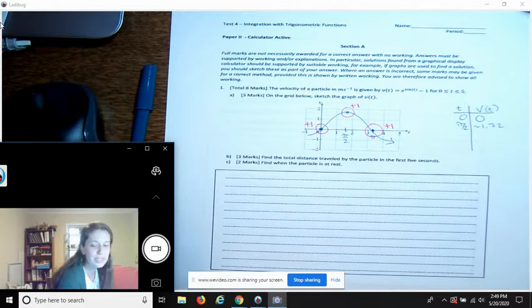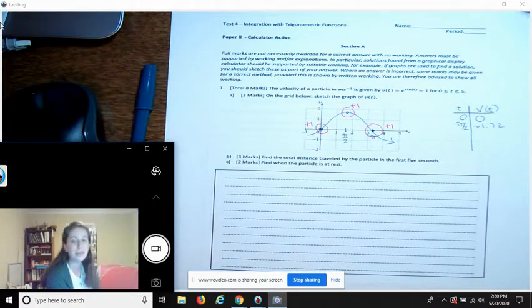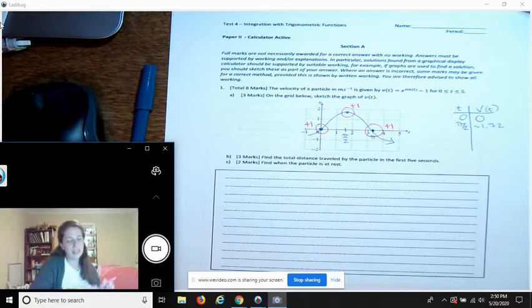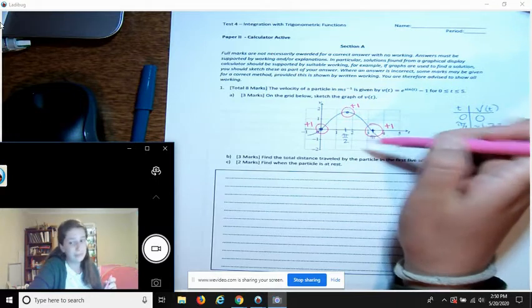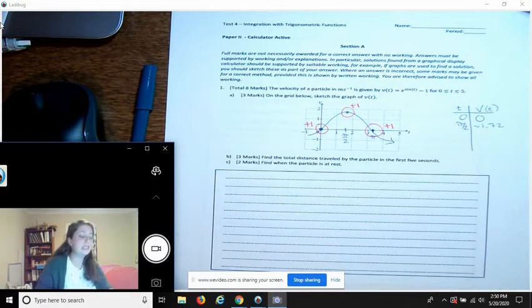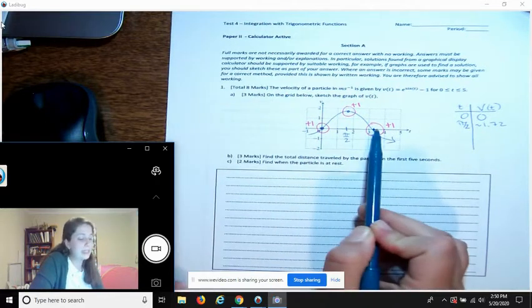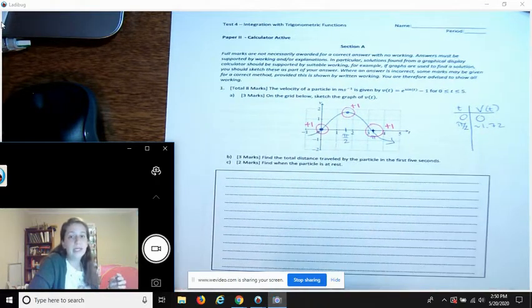But your points here don't necessarily have to be labeled, but they definitely need to be pretty accurate. So be a little harsh on yourself with this. If your point was way down here, you don't get that, okay? And you needed to mark at least 3 key features, the 2 x-intercepts and this maximum, okay? So that's part A, and those are the 3 marks.